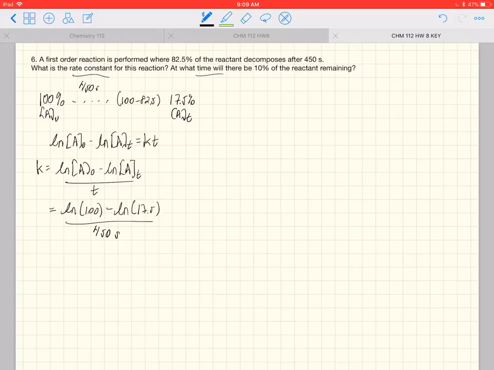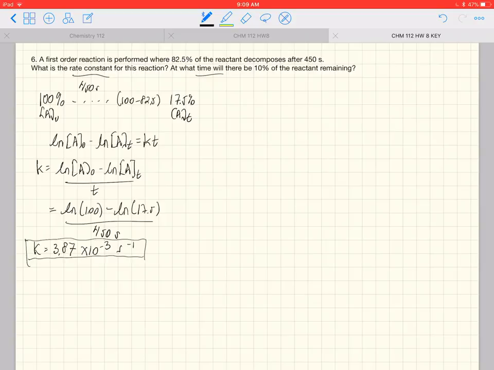Punch this all into your calculator, and what I get is 3.87 times 10 to the minus 3 reciprocal seconds. So that's the first answer to the problem.